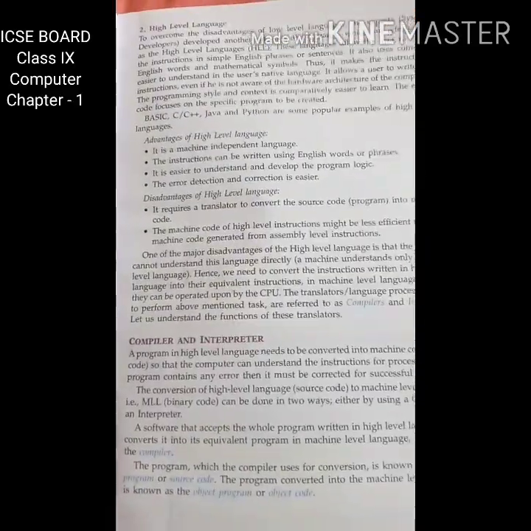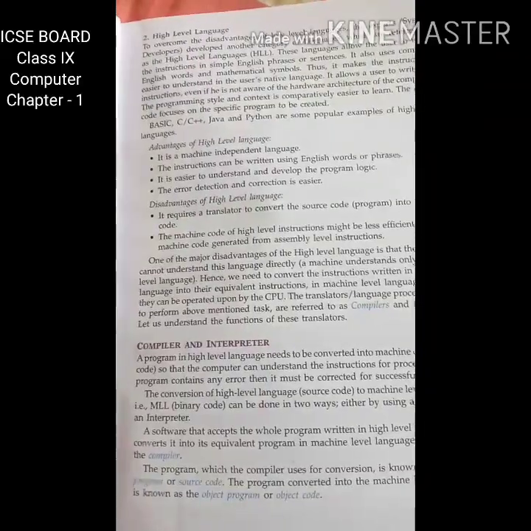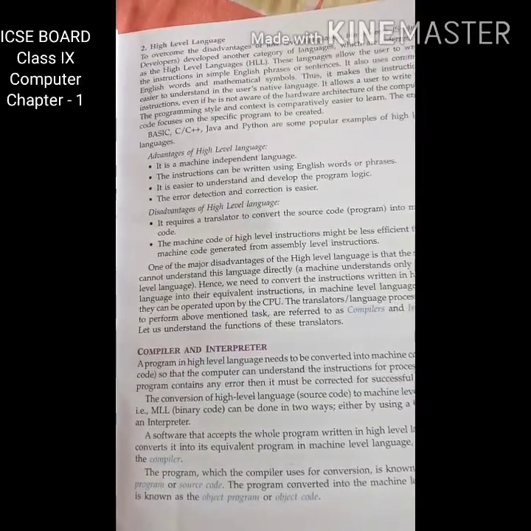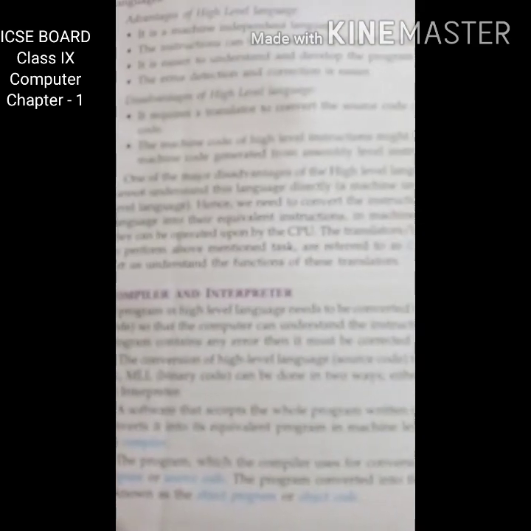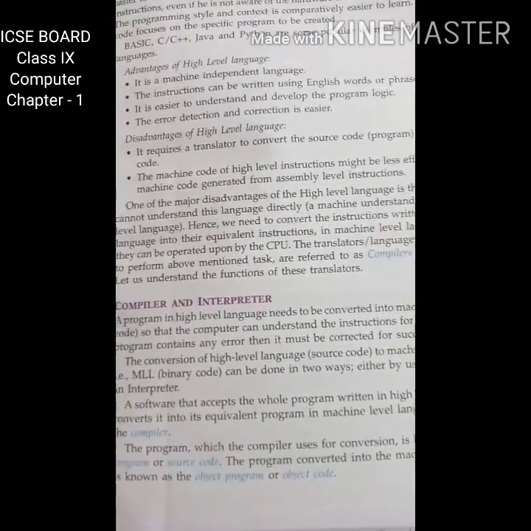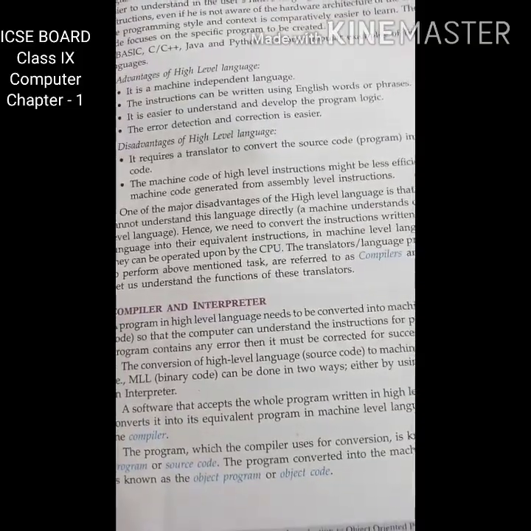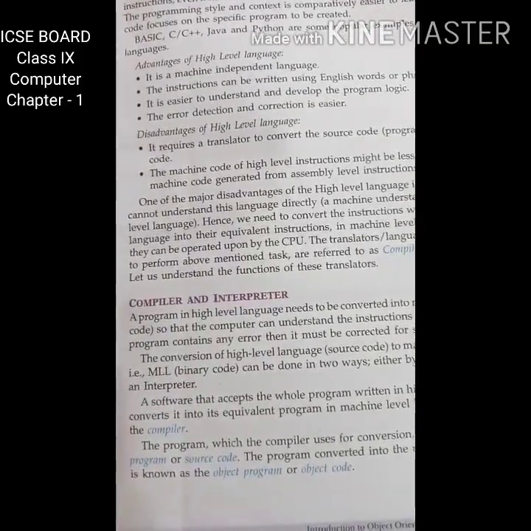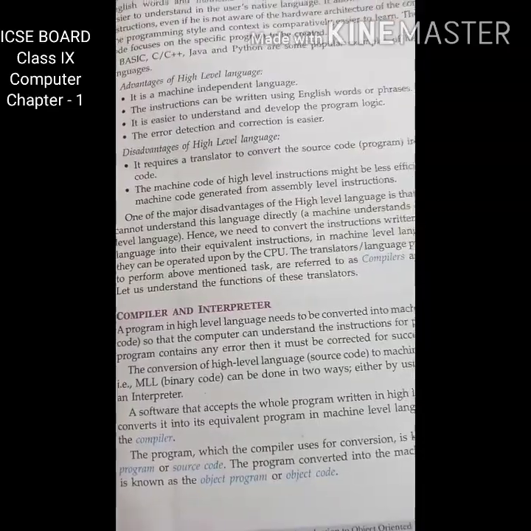Next, we shall understand what is compiler and interpreter. So compiler translates the whole program at a time and checks errors and removes errors.